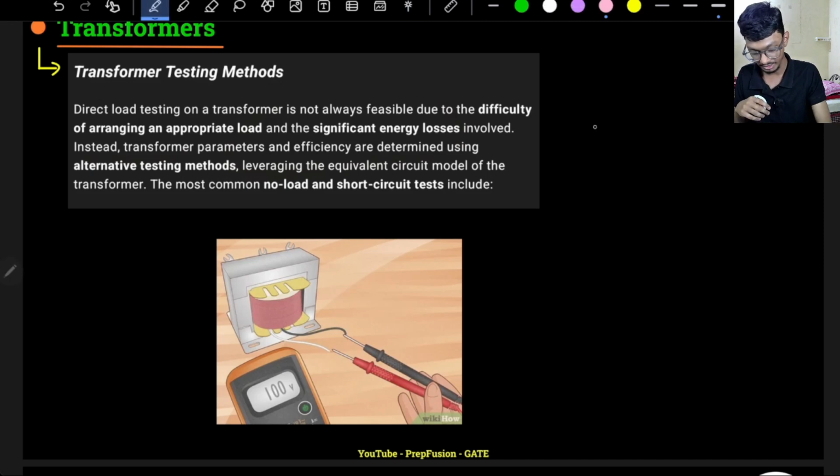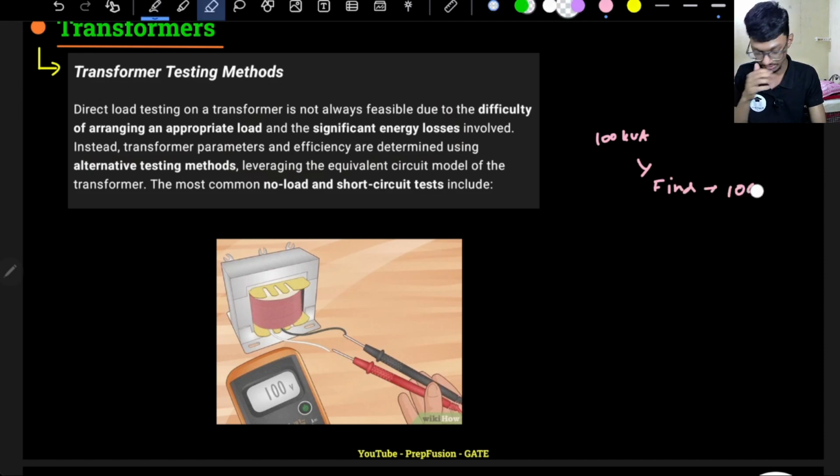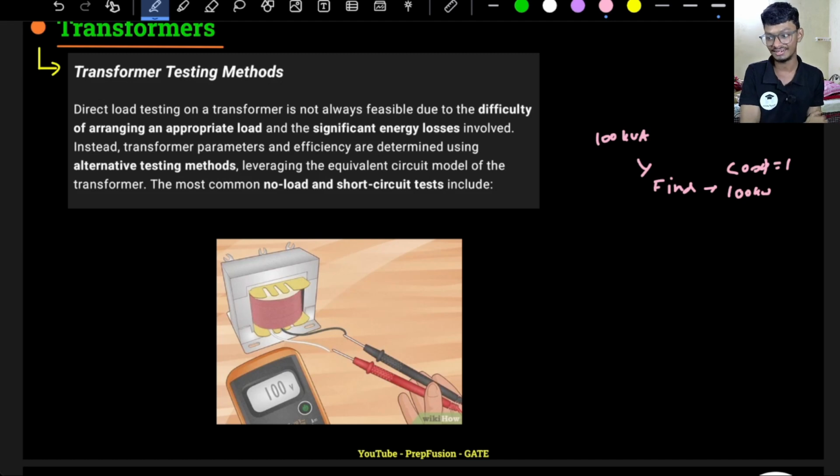So let's say I have a 100 kVA transformer. I have to load the transformer fully, so I have to find a load that consumes 100 kilowatt, assuming the power factor is unity. Finding that amount of huge load is a big task.